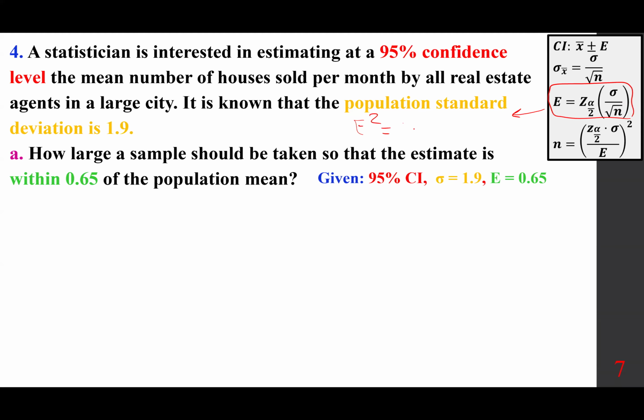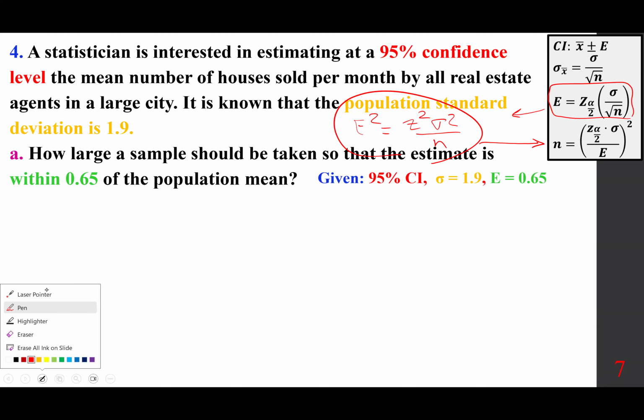E squared is z squared sigma squared over n. And if you solve for n, you get this formula. In other words, in this formula, find n. So this is what the question is asking us, find n.